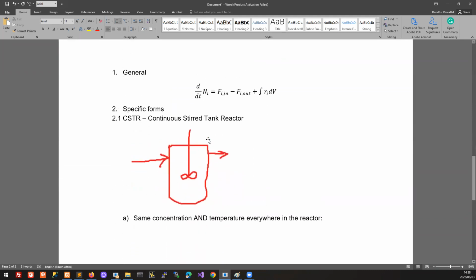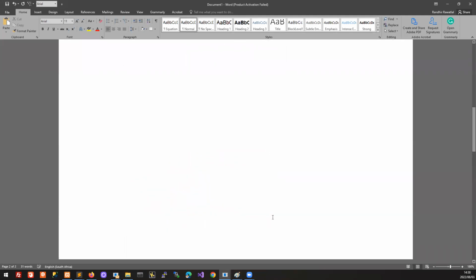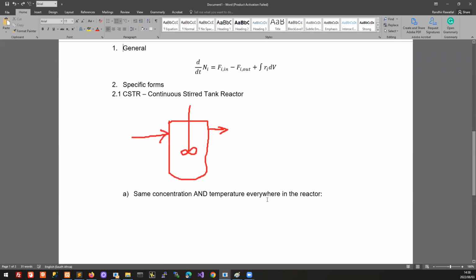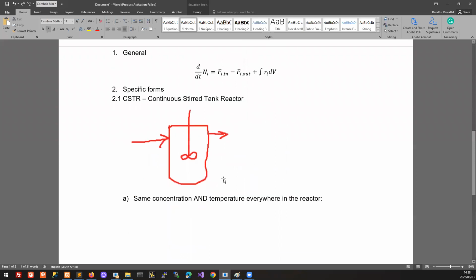Right, so the simplest thing is, if we have the exact same conditions everywhere in this reactor, then that must also mean the reaction rate is the same everywhere. Because as we said just now, the reaction rate depends purely on the concentration and the temperature. So that means the rate is the same everywhere.